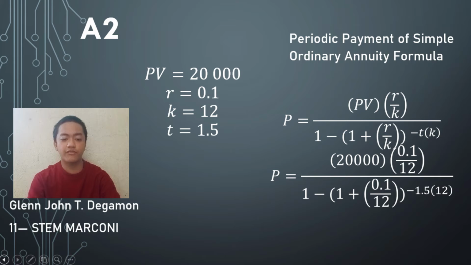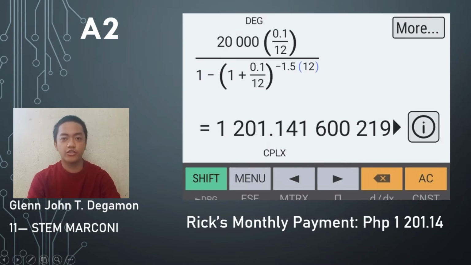These values should be input in a calculator in order to obtain the closest answer. So in the calculator, the periodic payment is equal to 1,201 pesos and 14 centavos.